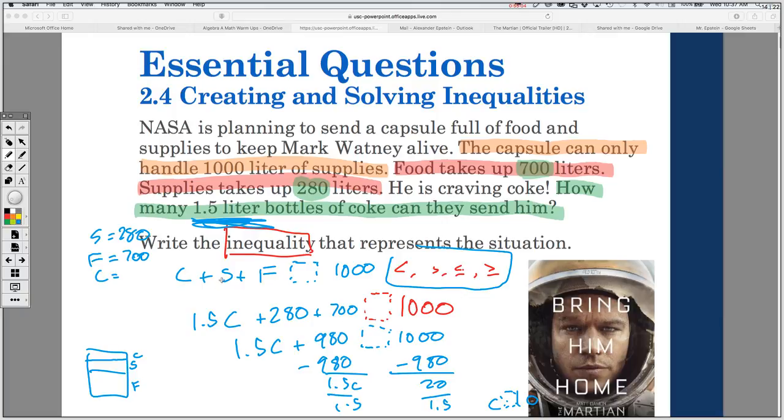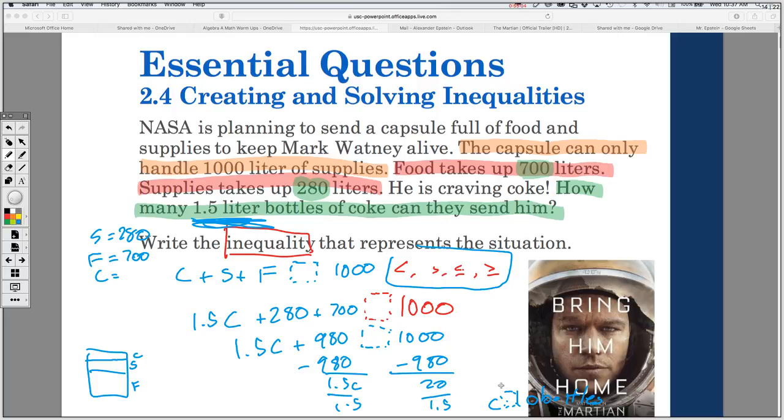Now, do you think you can have more than 10 bottles or less than 10? If you did more than 10, you would go over your 1,000 liters, right? So you have less than 10. Can it be equal to 10? Yeah.